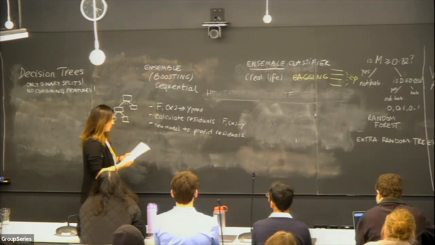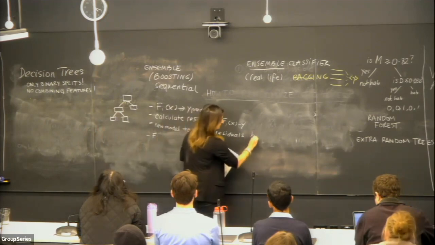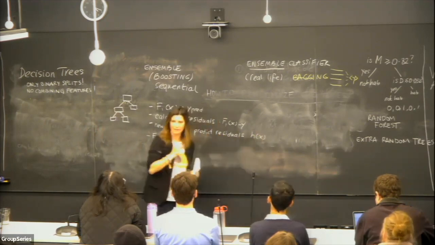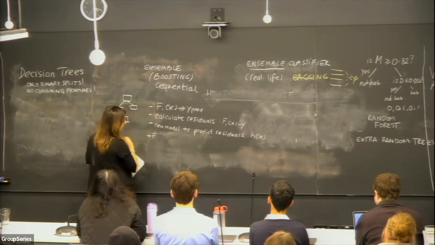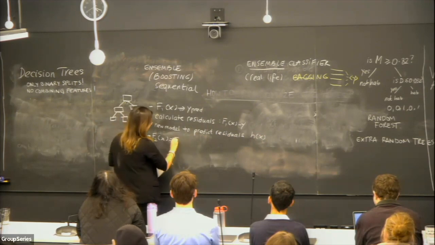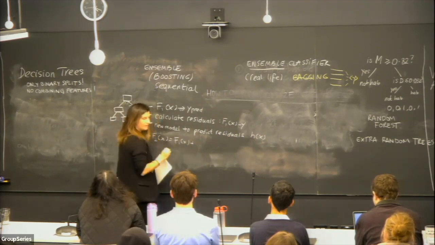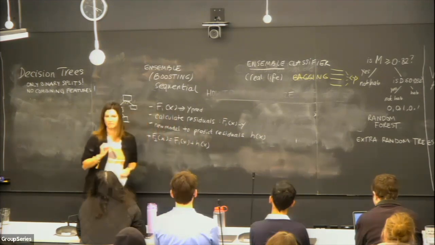And then at this point, I have my new model, let's say this is h of x, the model that predicts the residuals. And then I have my stage 2 model, which is the sum of my stage 1 model and the one that I just created.